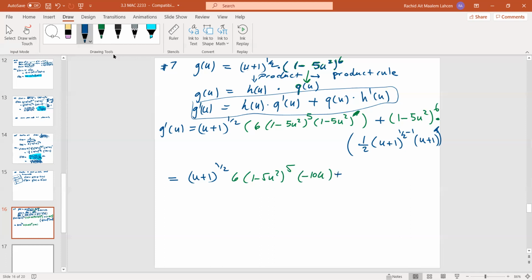So plus, then (1 minus 5u squared) to the 6th, then a half, (u plus 1) to the 1/2 minus 1, which is negative 1/2. The derivative of u plus 1, or the derivative of u with respect to u, is 1.